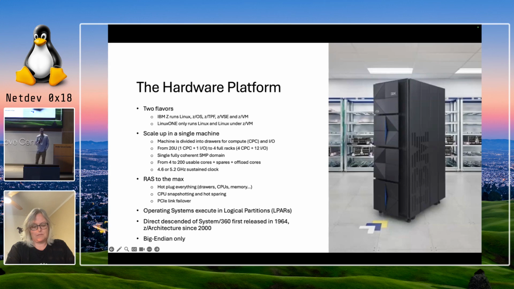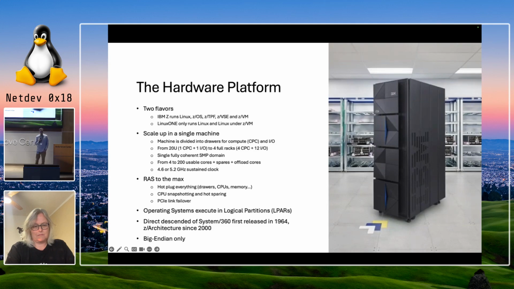We're targeting scale up in a single machine, and that means we have very big boxes. But you can start small. You can start with a 20U, which is probably still considered pretty big in the rest of the world. Interestingly, these systems are divided, which is also quite unusual.